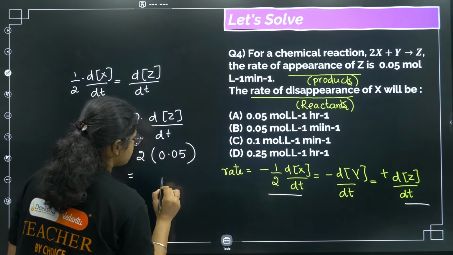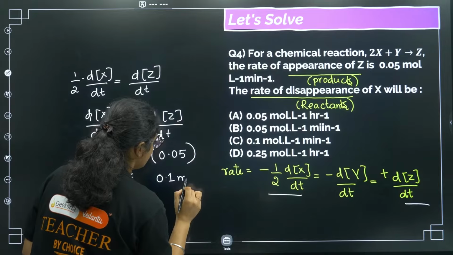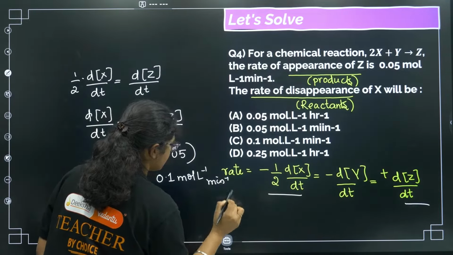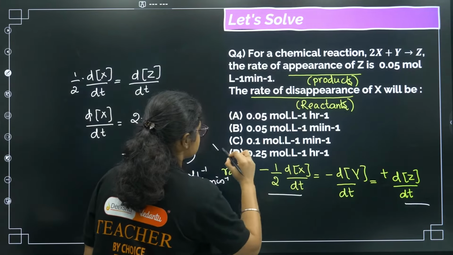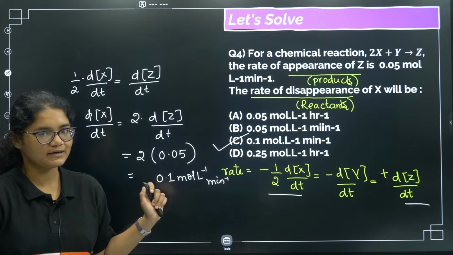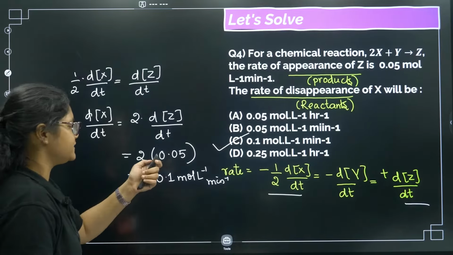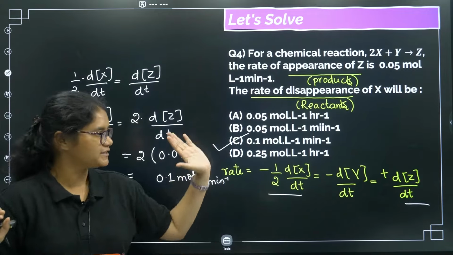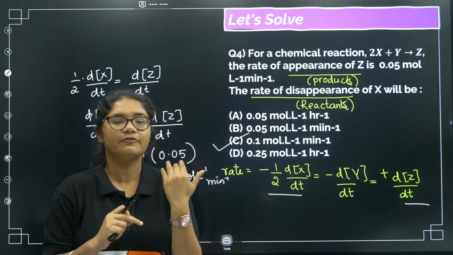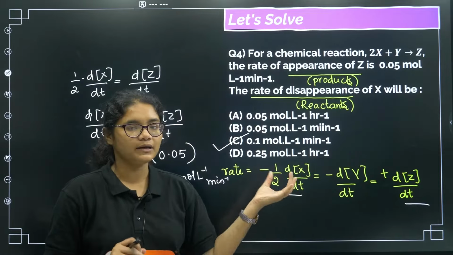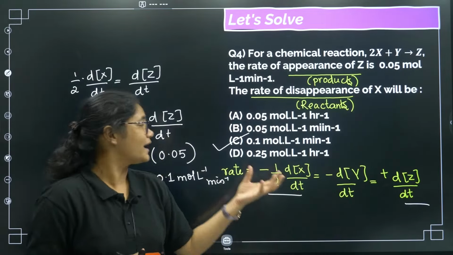If I multiply this, I will get 0.1 mole liter inverse minute inverse. So the correct answer for this question will be option number C. Clear? I hope that everyone is getting this one. Very easy. First step is to write the differential equation for the whole reaction. After writing that, see which two reactants have been connected, and write that separately.